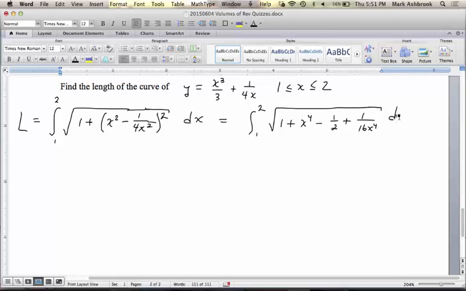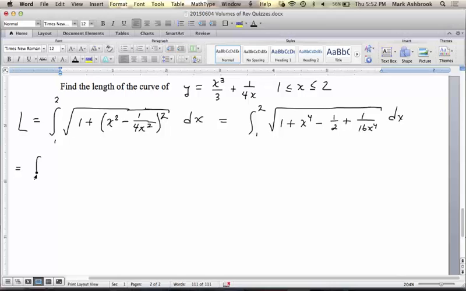Did I expand right? The middle term will be 2 times that times that. So basically 2 times negative 1/4, negative 1/2. Good?